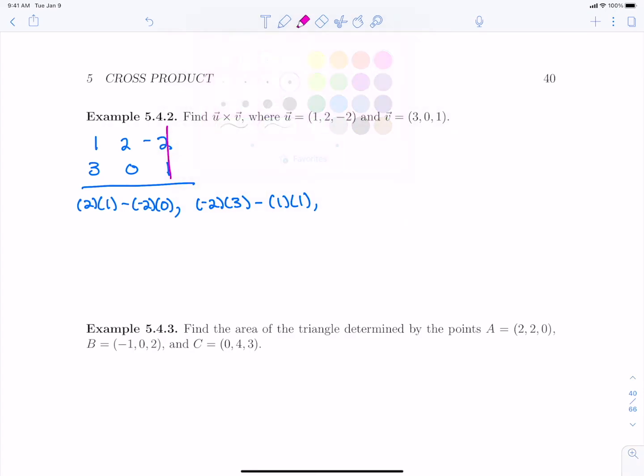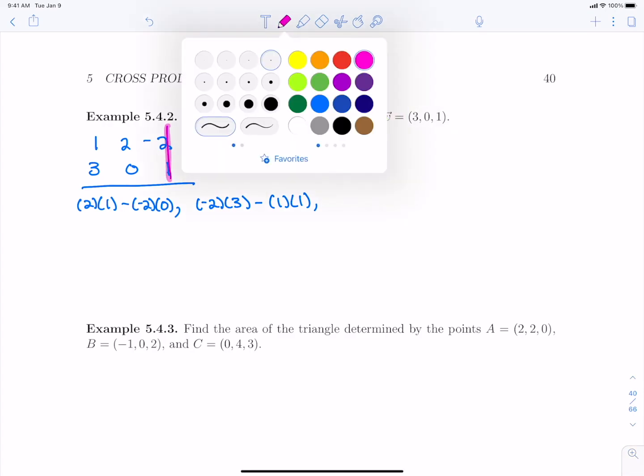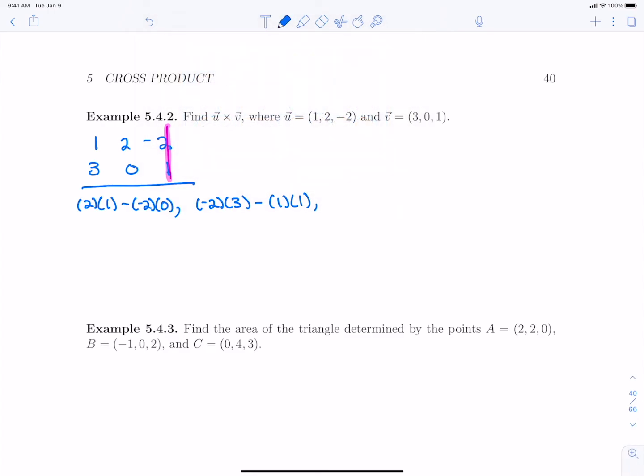And I act as though the other ones haven't been crossed out at all, and I go left to right. So I'll go 1, 0, minus 2, 3. Okay, so that gives me 2 minus 0, negative 6 minus 1, and 0 minus 6. And I now have this vector.